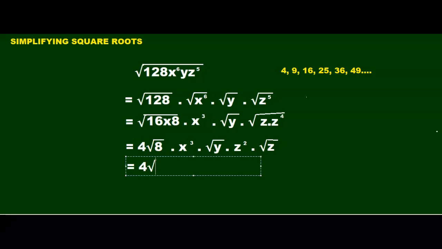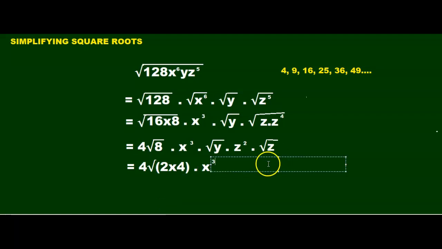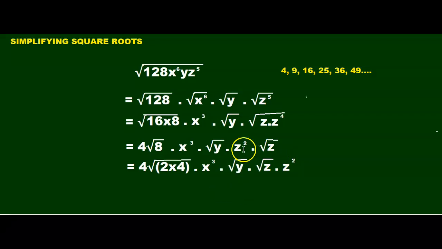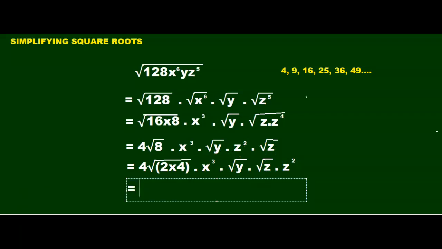I'm going to break this down further. We have 4 times the square root of 4 times our x cubed times our root y times our root z times our z squared. Now if you notice, I repositioned my square root of y and square root of z a little bit. Let's simplify this further. So I am left with 4.